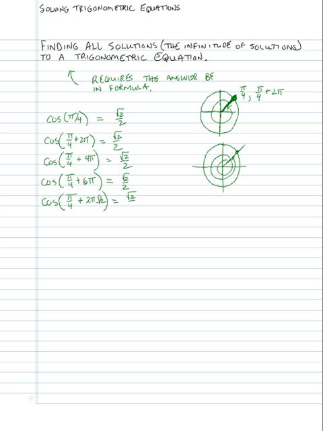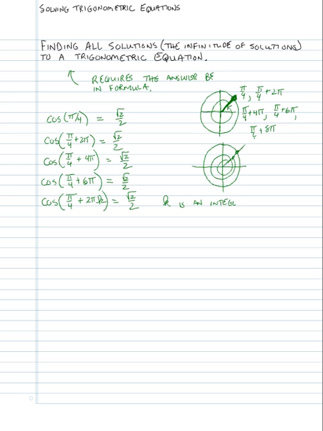So that's also going to be the square root of 2 over 2. Pi over 4 plus 4 pi would also be in that position. Pi over 4 plus 6 pi would be in that same position. Pi over 4 plus 8 pi. We have to have increments of 2 pi, don't we? So here we're assuming k is an integer.